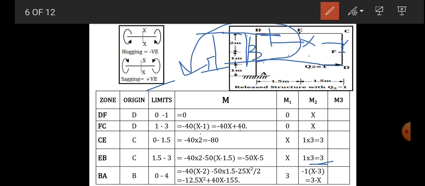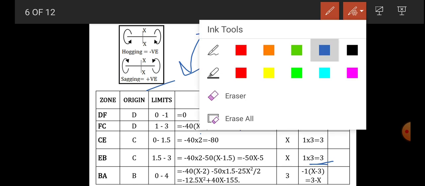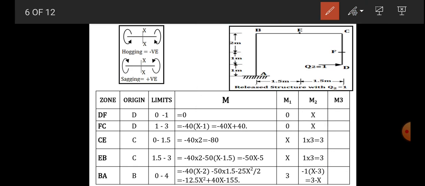The next zone is the BA zone. Let's draw the imaginary axis in the BA zone, drawn at a distance of x with respect to origin B. B is the origin. Now the force is 1, and this is the lever arm for the 1. So find this perpendicular distance.